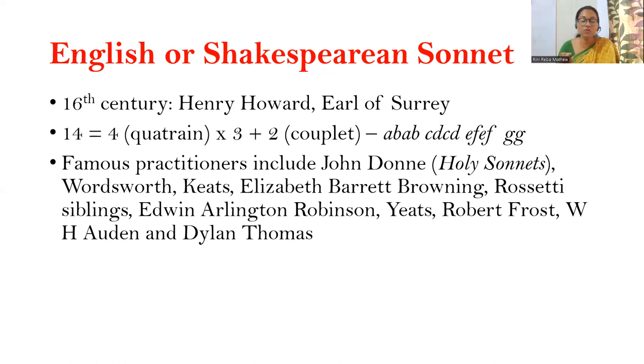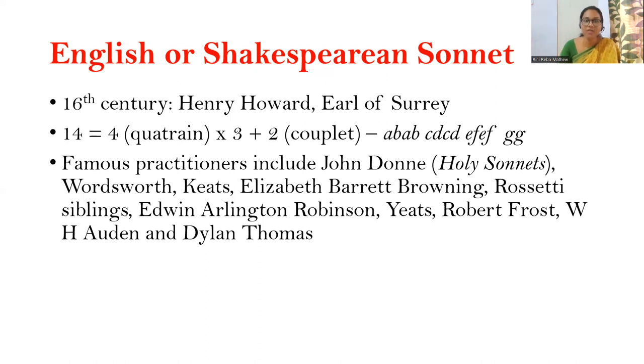The sonnet is a wonderful way in which writers could introduce a theme, problematize it, and solve that problem within 14 lines. So it shows great technical, rhythmic, and thematic skill on the part of the poet.